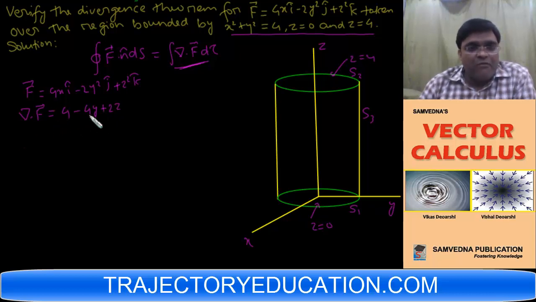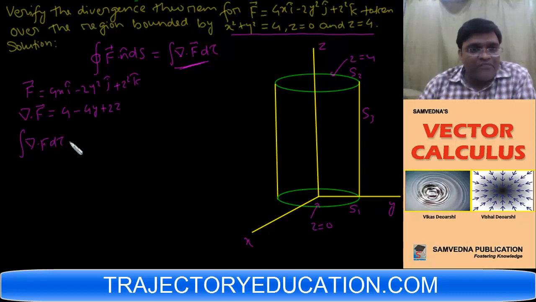We have to get the volume integral of del dot f over the region enclosed by the surface consisting of S1, S2 and S3.